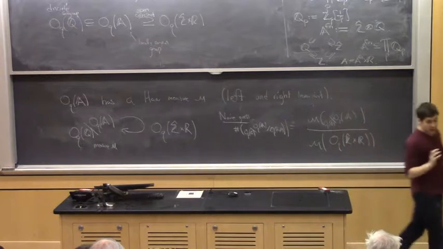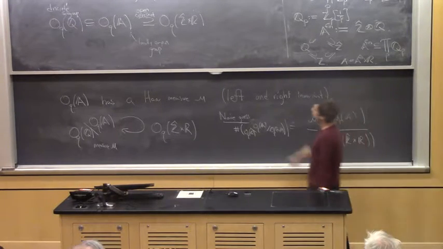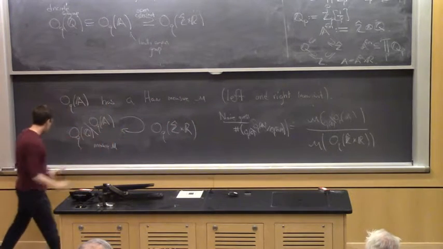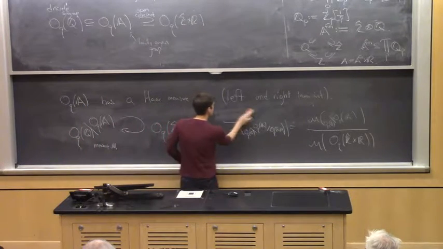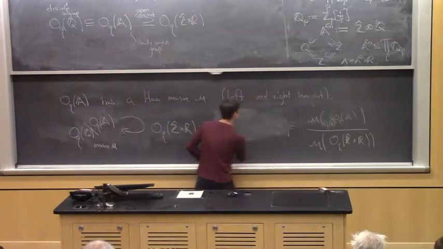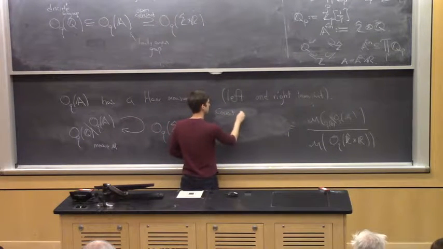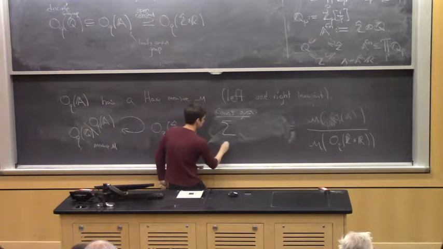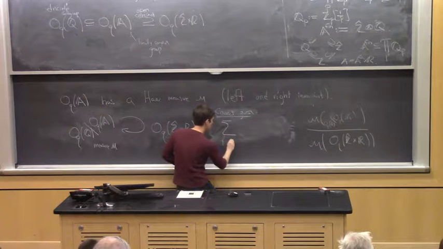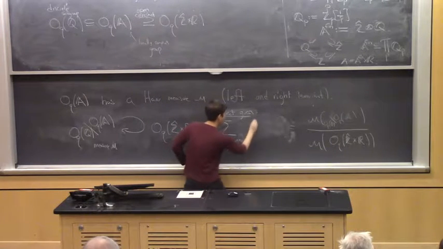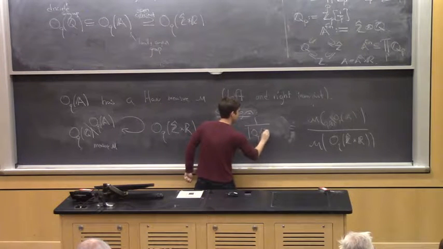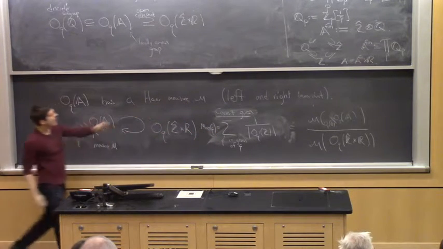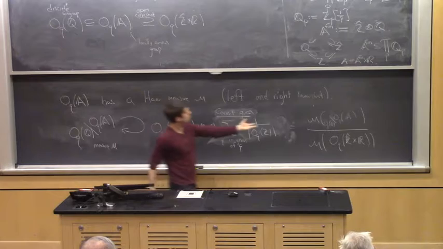Those stabilizer groups are finite groups, and they're exactly the finite groups that show up in the definition of the mass of Q. So this naive guess is wrong because this action is not free, but the correct guess is that this quotient is measuring the sum over all Q prime in the genus of Q of 1 over the size of O_Q prime of Z. In other words, this is what I called earlier the mass of Q. So the mass of Q has this expression as a ratio of 2 volumes.